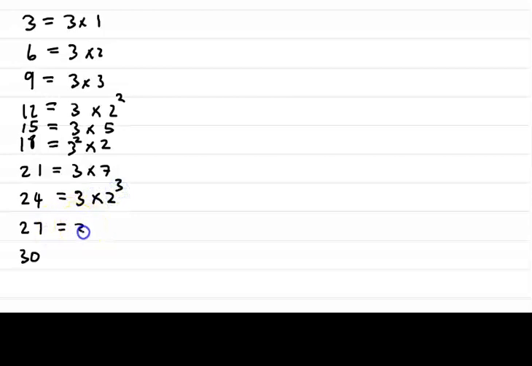And 27 will be 3 times 3 times 3, which is 3 cubed. And here we got 30, which will be 3 times 10. So we can write it as 3 times 2 times 5.